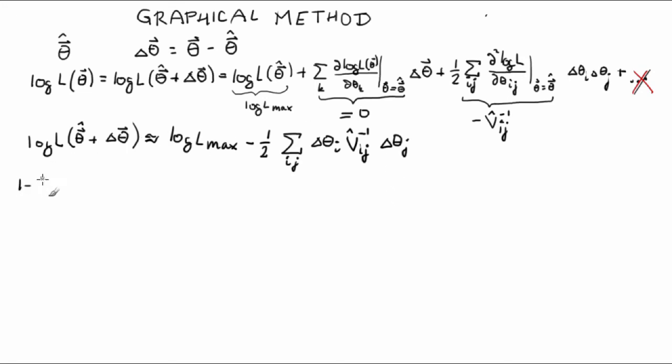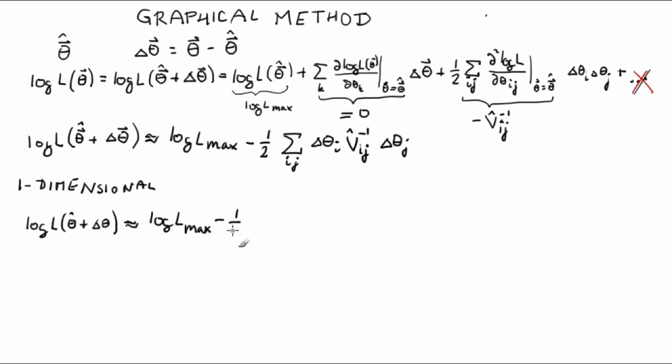If there is just one model parameter theta, then this expression reduces to a formula describing a parabola. We have log L of theta hat plus delta theta equal to log L max minus delta theta squared over 2 sigma hat theta hat squared.